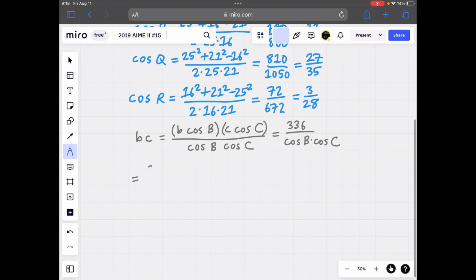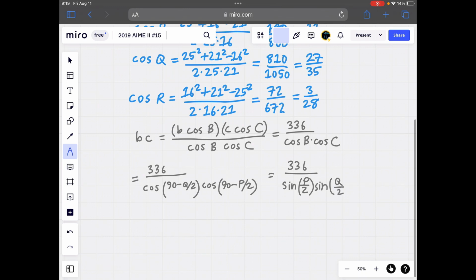We can write this as 336 over the cosine of 90 minus Q over 2 times cosine of 90 minus P over 2. And that's just 336 over sine P over 2, sine Q over 2.